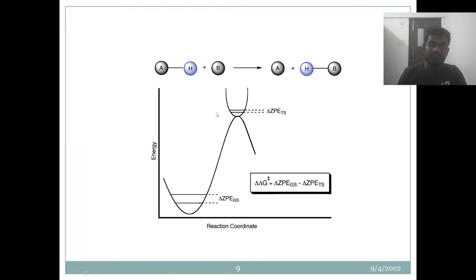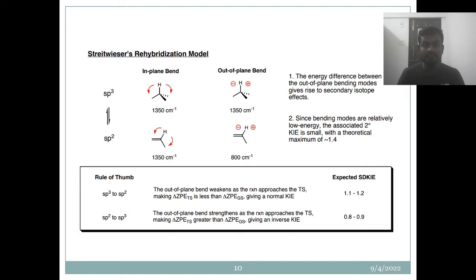For CD the activation energy is high, because in the ground state CD is lower in energy. This difference being high, CD is much lower in energy compared to here. So CD has a higher activation energy, and the rate is low. So please remember this picture, it will be handy in the next slides.